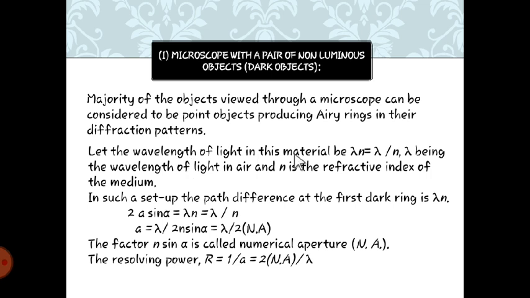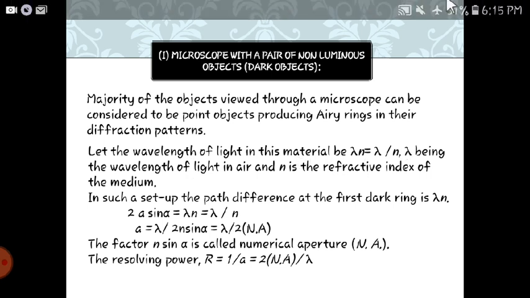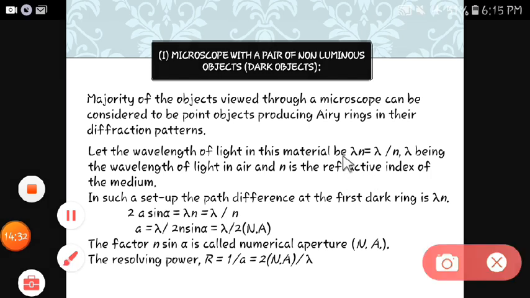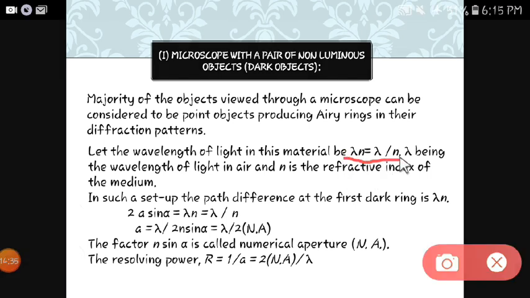Let the wavelength of light in this medium be lambda n, which is lambda divided by n, where lambda is the wavelength of light in air and n is the refractive index of the medium.